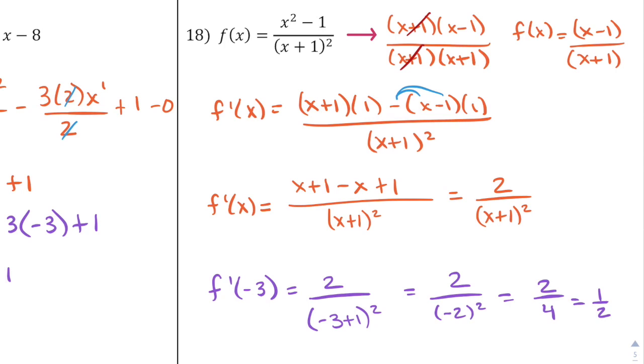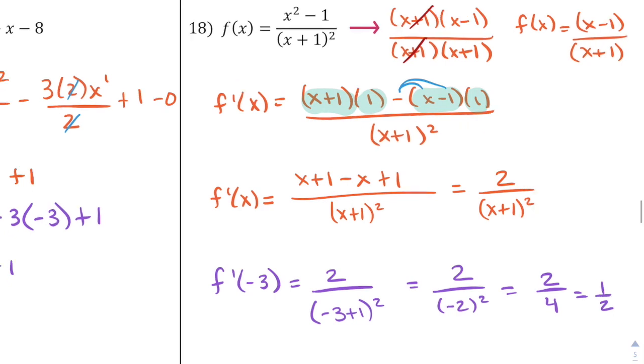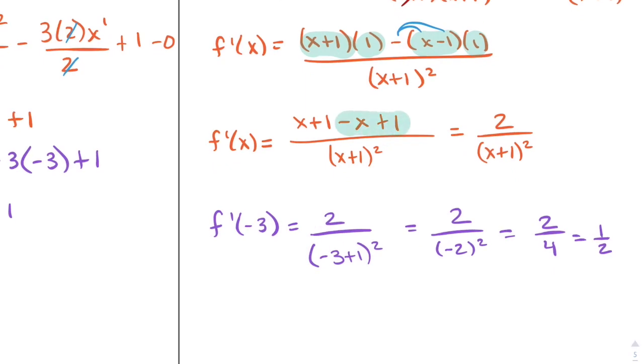Then use your quotient rule. Denominator times derivative of numerator minus numerator times derivative of the denominator. And do not forget, all over the denominator squared, but do not forget to distribute that -1 to both the x and the -1, making it -x plus 1.